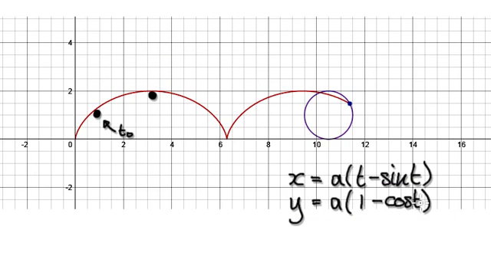You see, this will be at its highest point when this is -1. When would that be -1? It will be -1 at pi. So by the time t gets to pi, it will be at its highest point.